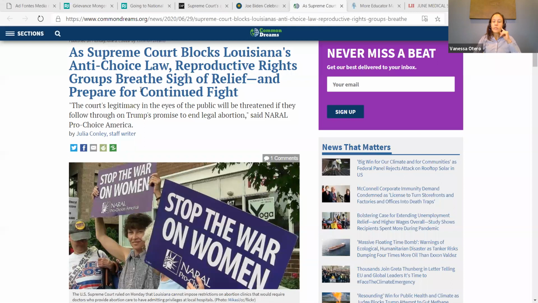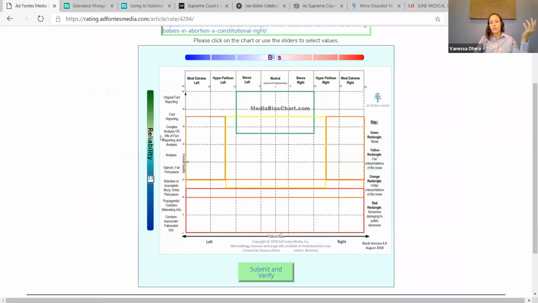If you only saw one of those headlines in your Facebook feed, that would really influence your thoughts on the subject, right? And if you only saw similar headlines from one point of view, that would continue to reinforce that, right? Let's just go back and rate this real quick.